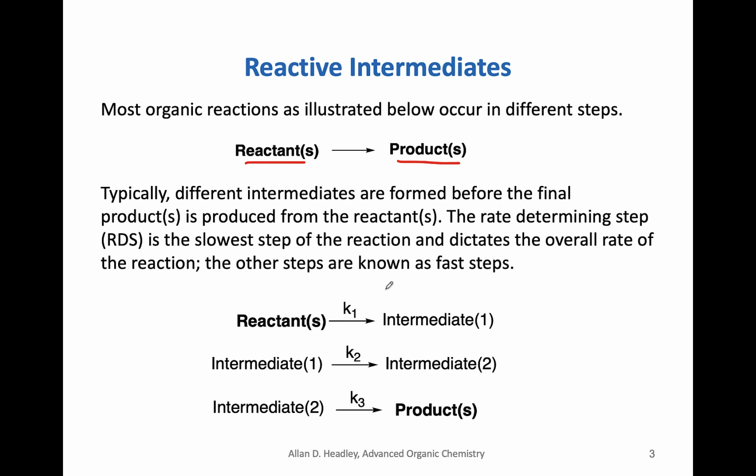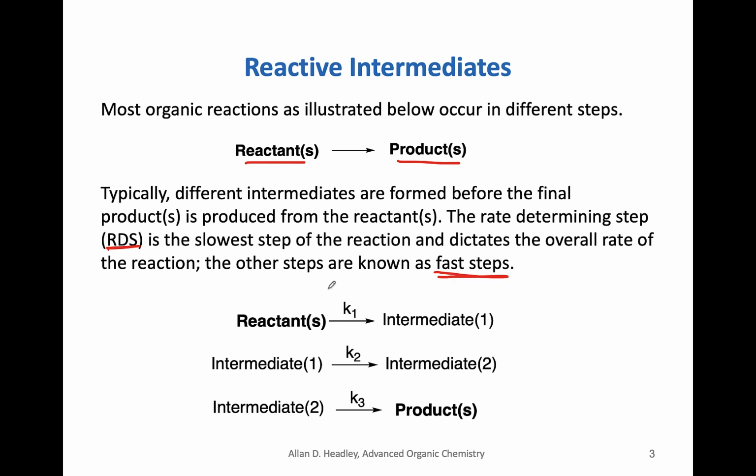One step is the rate determining step, or the RDS, which is the slowest step of the reaction. And that slowest step of the reaction gives the overall rate of the reaction. The other steps that are not the rate determining steps are described as fast.